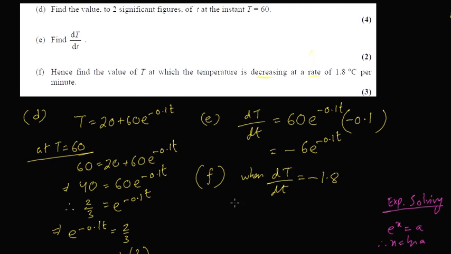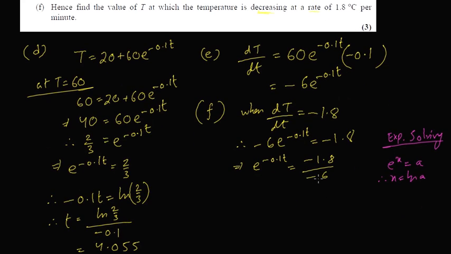So how do we do this? We just do this by this. Therefore you just plug this in from the previous sum. So minus 6 e to the power minus 0.1 t equals minus 1.8. That means e to the power minus 0.1 t is minus 1.8 divided by minus 6. So you cancel this off and you cut this off.